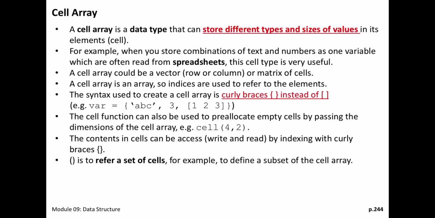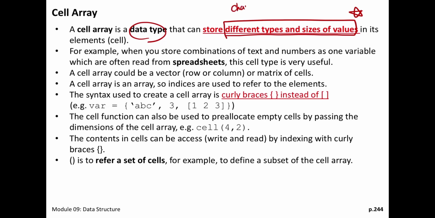A cell array is a data type that can store different types and sizes of values. That's the cell. Do you notice that we store only the same data type in an array in the previous module? For example, a character vector or a numeric array.